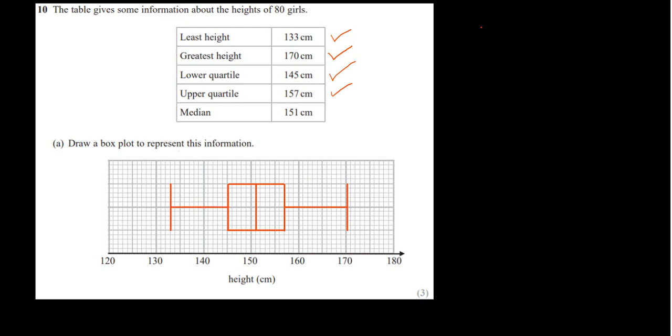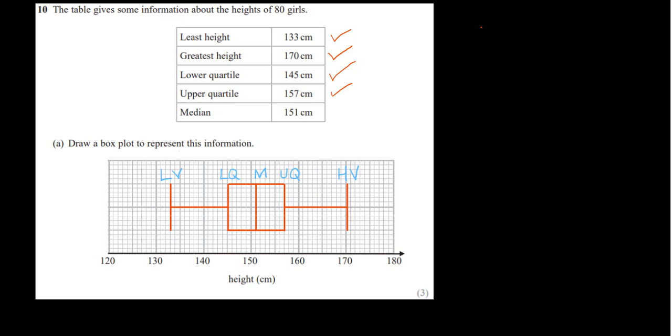Right, so if you find these kind of questions difficult, that's your lowest value, that's your highest value, that's your lower quartile, that's your upper quartile, and that's your median. And that's how we draw a box plot.